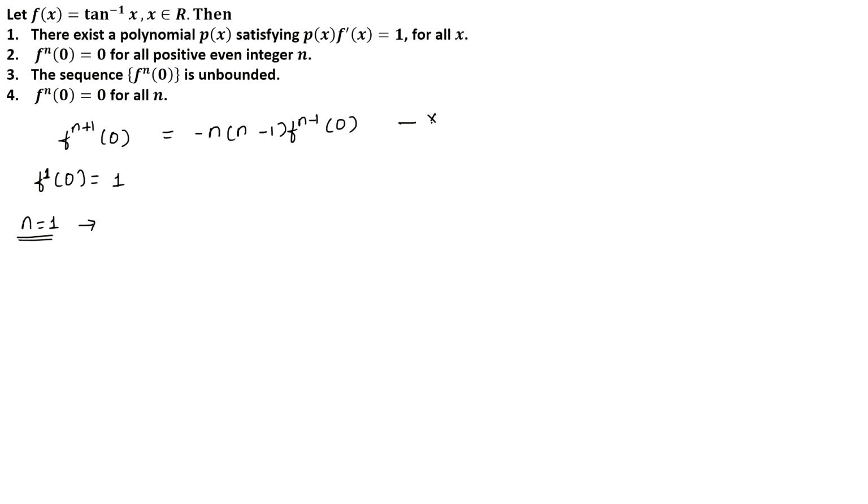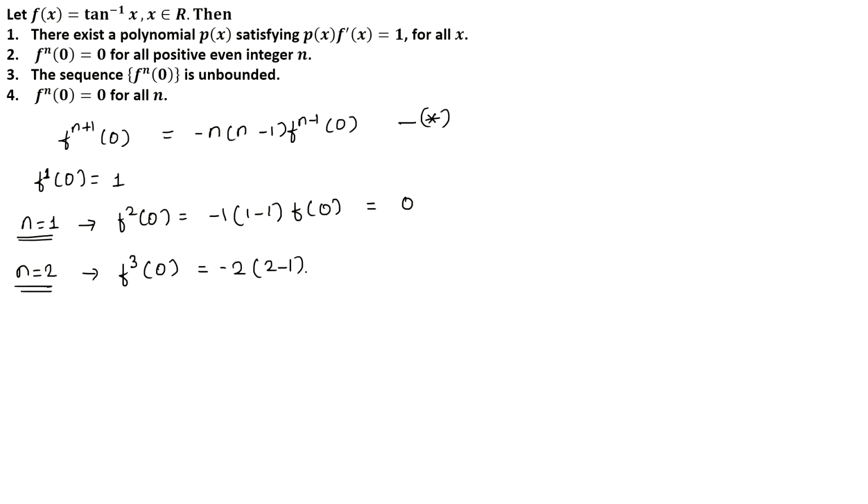Then this equation becomes f_2(0) equals −1 into (1−1) into f_0(0), so 1 minus 1 is 0, so 0. When we put n equal to 2, it gives f_3(0) equals −2 into (2−1) into f_1(0), that is −2 into 1 into f'(0), which is 1. So this is −2.